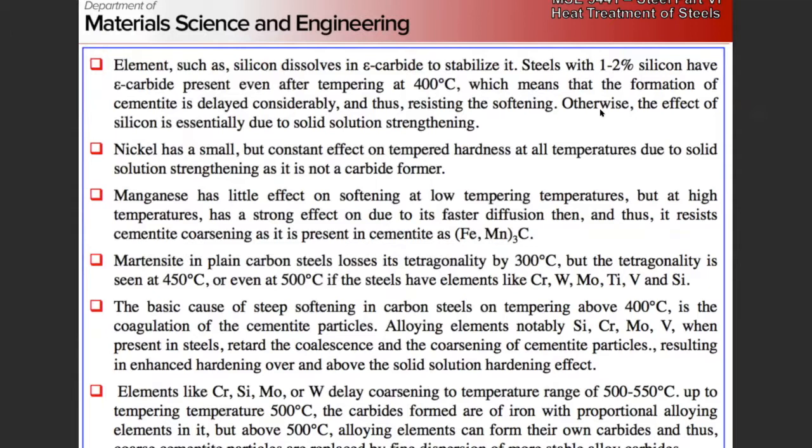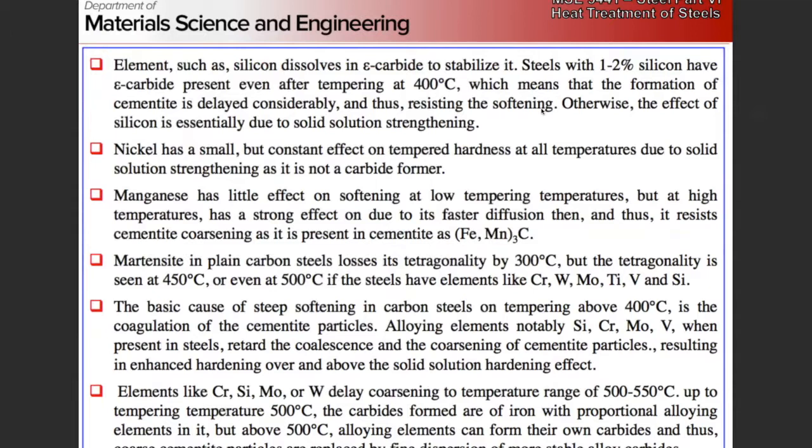This is why I say a lot of this stuff isn't important to memorize, right? It's not important to know exactly that 1 or 2% silicon. But if you know the general strategies, the big picture stuff: almost everything's going to shift to longer times, these are my potent carbide formers, what's going to move my martensite start and martensite finish?